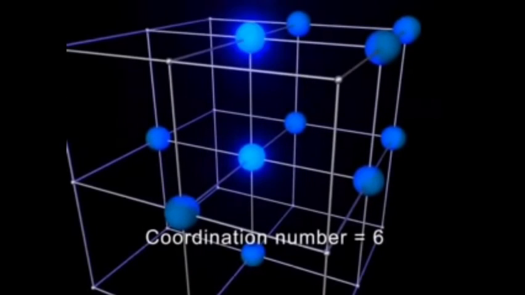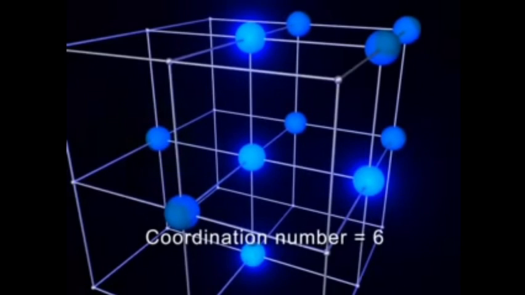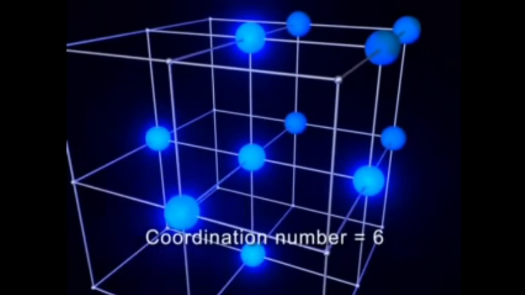A key feature of a crystal structure is its coordination number, the number of nearest neighbors surrounding each particle. In a simple cubic array, any given particle has a neighboring particle above, below, to the right, to the left, in front, and in back of it for a total of 6 nearest neighbors.